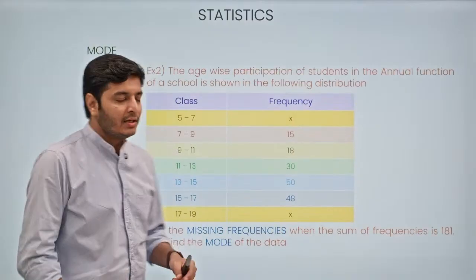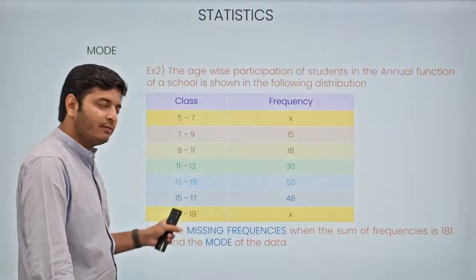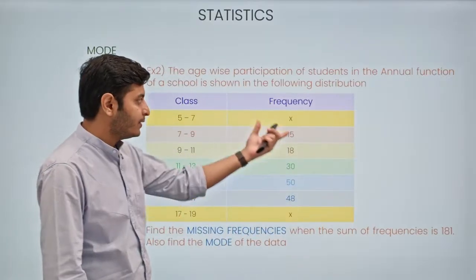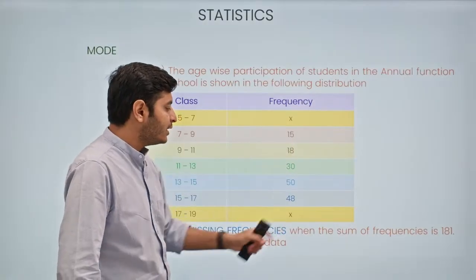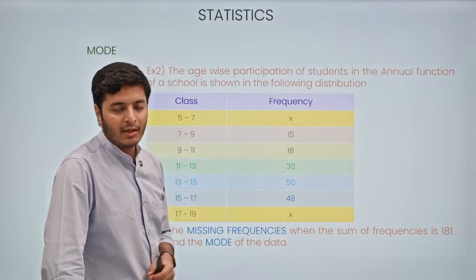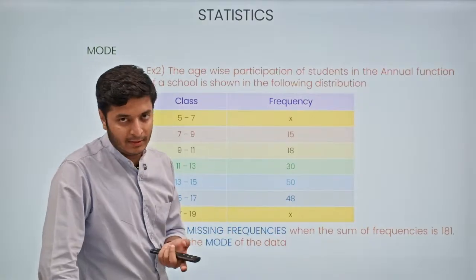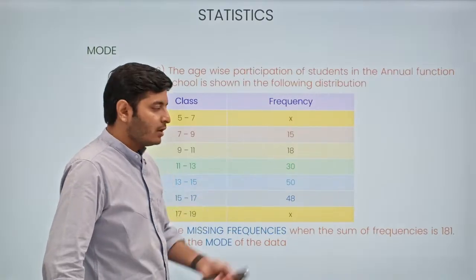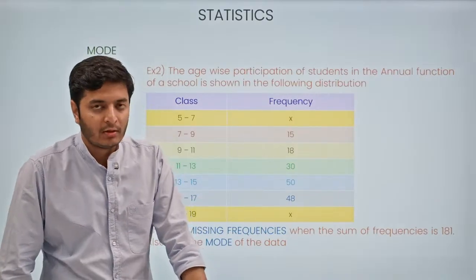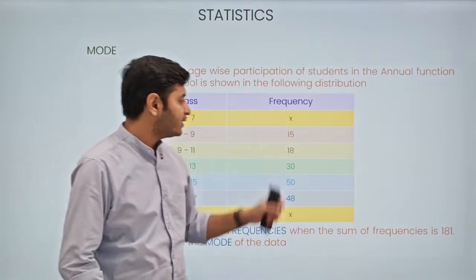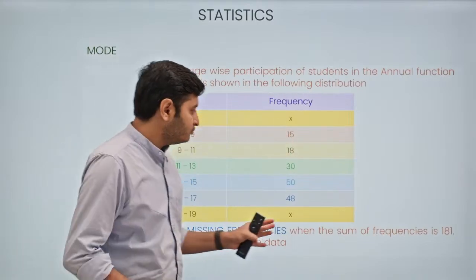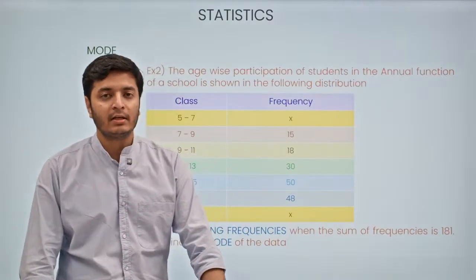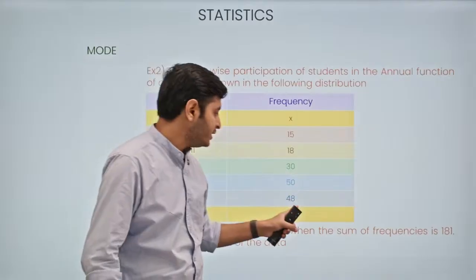Here in this table, class intervals are given, and below frequency you can see two values written as X. X means we don't know the exact value. Other frequencies we know. So can we judge which one is the model class here? No, we cannot, not before finding the value of X. As of now, we may think that this is the model class, but we are not sure because we don't have conclusive evidence, since we don't know these values.